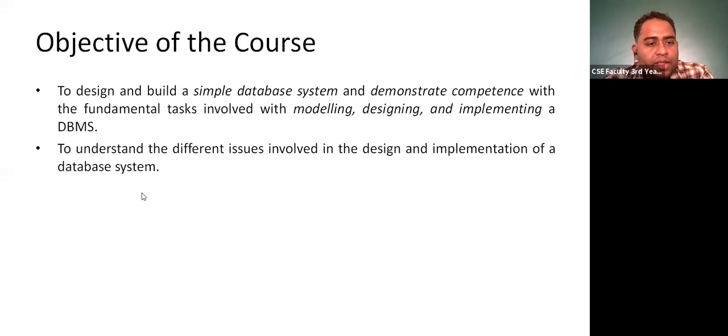Next, to understand the different issues involved in the design and implementation of a database. In the course of study, you will be studying this database management system, and then you will be creating a website or any application.